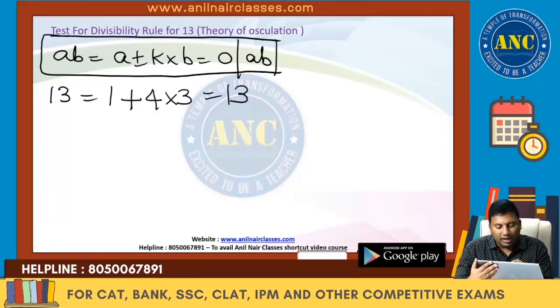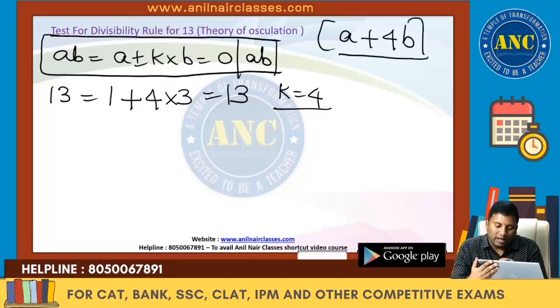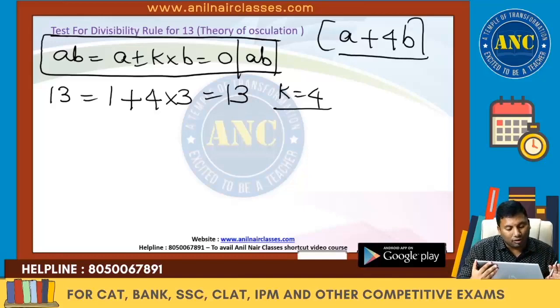That means the k value here is 4. So the divisibility rule for 13 is a plus 4b, where b is the unit digit and a could be any number of digits before b.